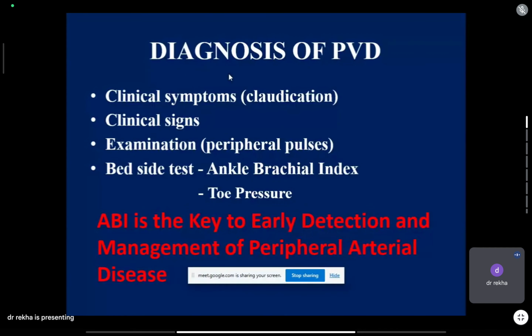Okay, so this is the claudication pain, and sometimes patient may complain of this claudication, and if we check the peripheral pulses, they may be absent. So in that case, we have to go for the bedside test, ankle brachial index, and the toe pressure. So ABI is the key to early detection and management of the peripheral vascular diseases.